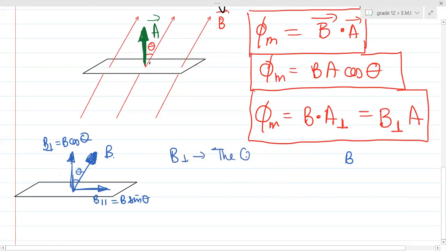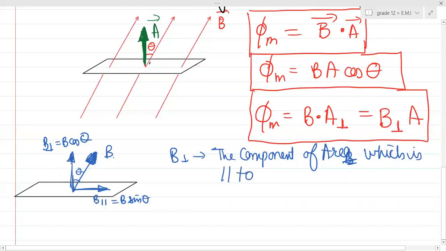the component of area, not area vector, okay, the component of area which is perpendicular to, perpendicular.